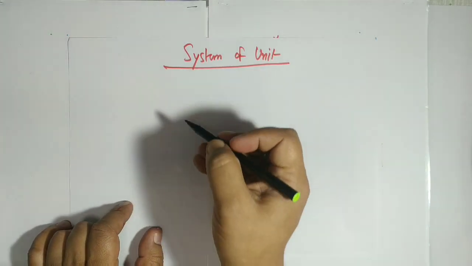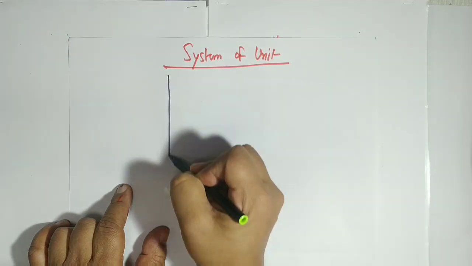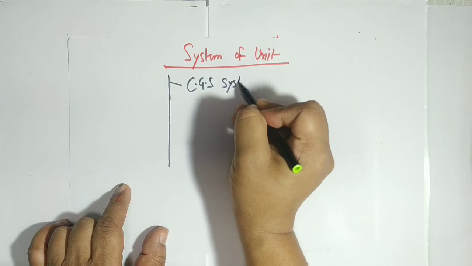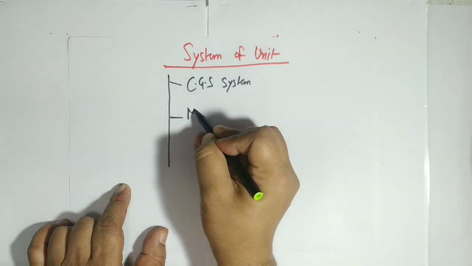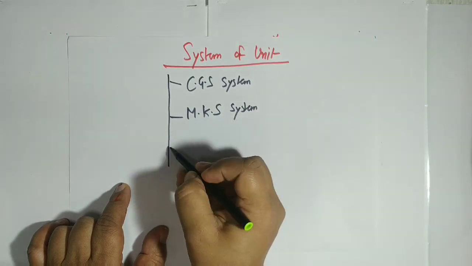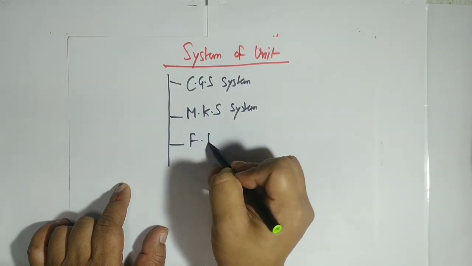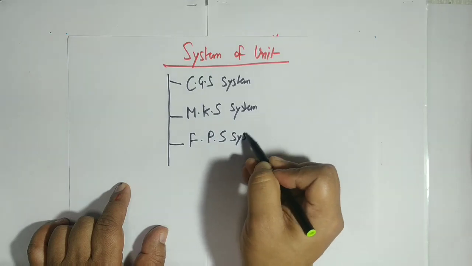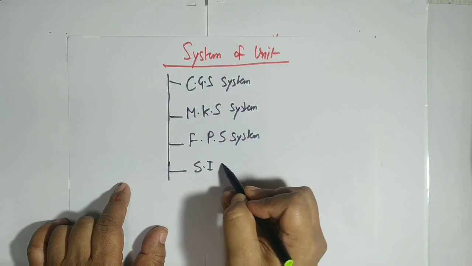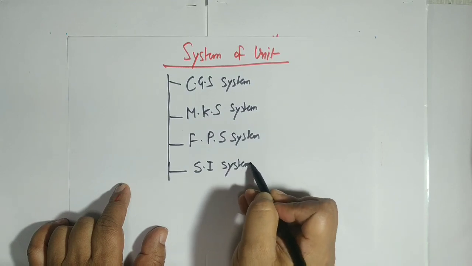The first one is CGS system. The second one is MKS system. And then some of you may know FPS system. And the last one, which nowadays we use in our standard units, is the SI system.